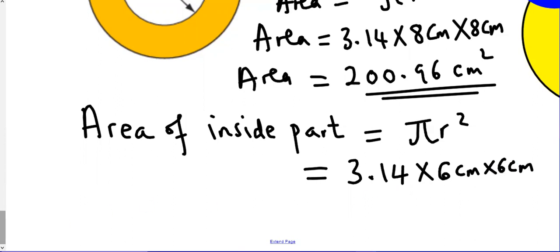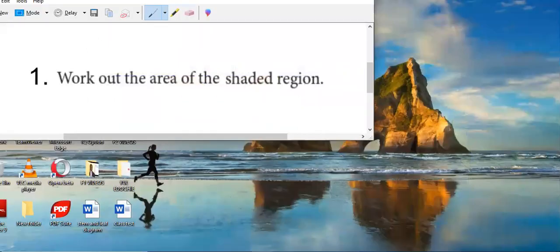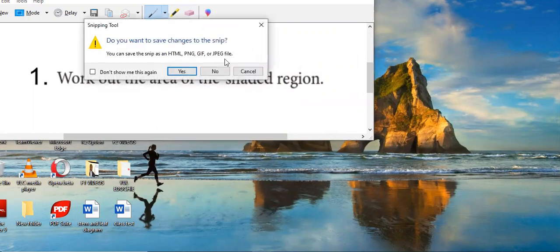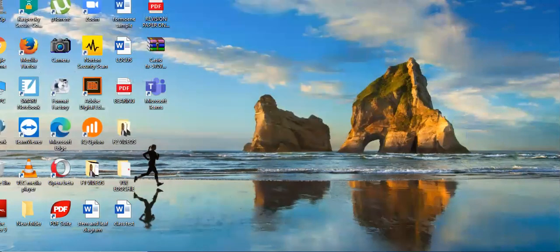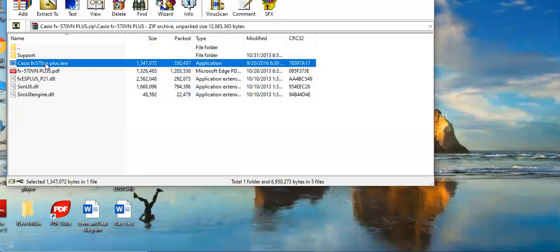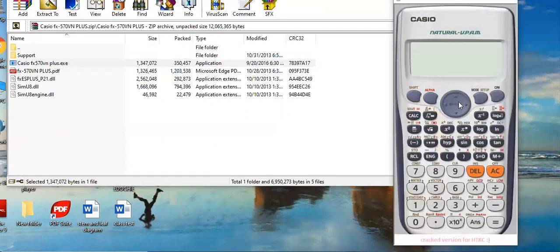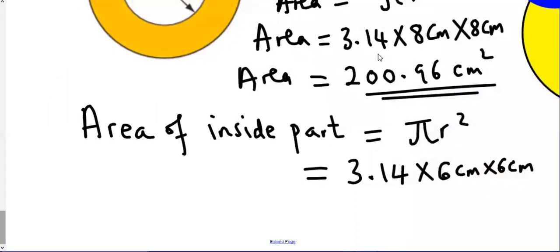Now you can pause this video, try to use your calculator and go ahead multiplying that. But for the sake of demonstration, let me use the calculator over here. All right, so we have a calculator there.